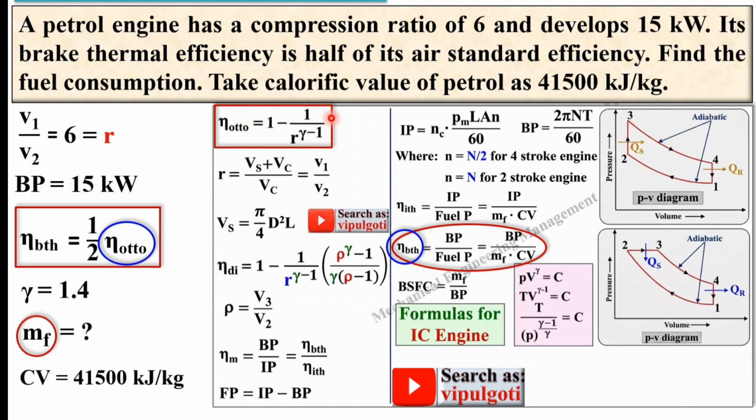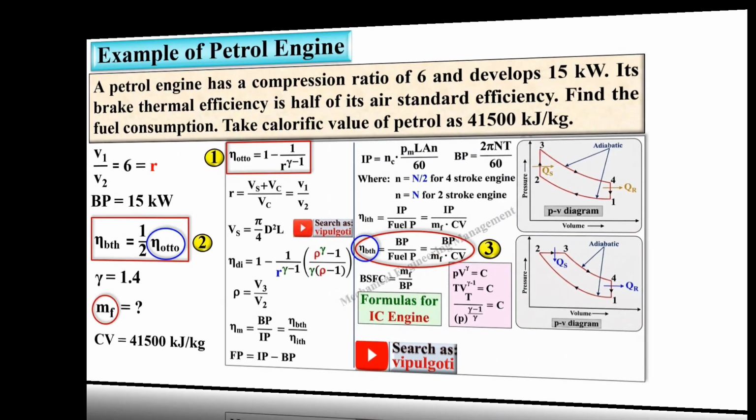So first you can find from this equation eta Otto, put it over here so that you will get eta BTH, put it over here so that you will get the mass of the fuel. And that is your answer. So this is my first step, then I am going to follow the second step, and this is the third step. So this is the very simple plan of this problem.